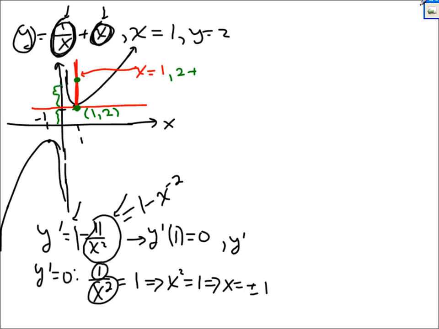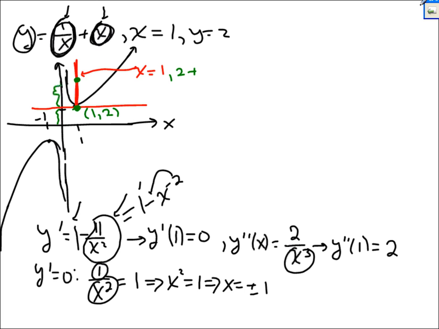So y double prime of x: the derivative of 1 is 0. Bring down the power, you get positive 2x to the negative 3. So since there's x to the negative 3, I'll put x cubed on the bottom. And then y double prime of 1: well, 1 cubed is 1, 2 over 1 is 2.